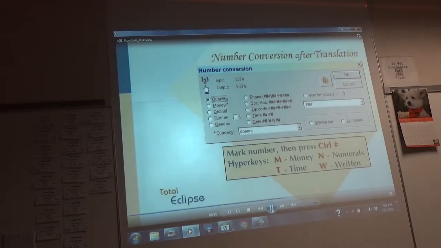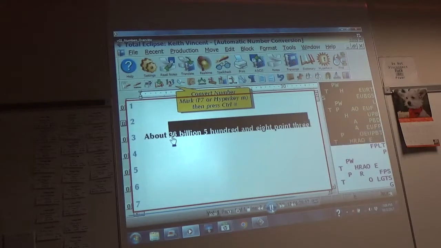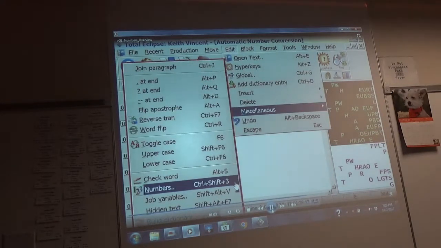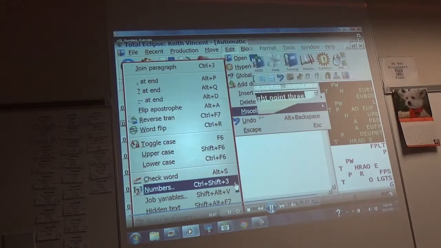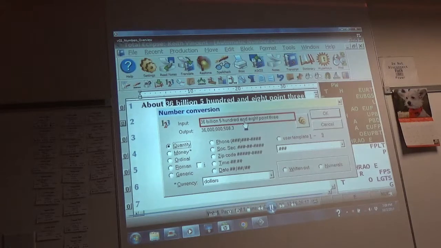Occasionally, you'll want to convert numbers after translation. Mark the number first, then click on the toolbar icon, or use the menu or the speed key, Control and the pound key together. Here you see your number as it starts out, and as it would look depending on which format you choose.